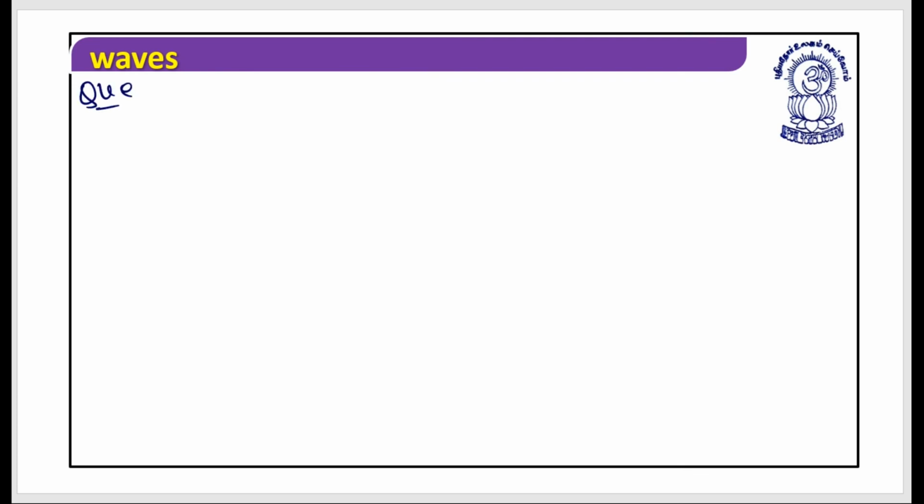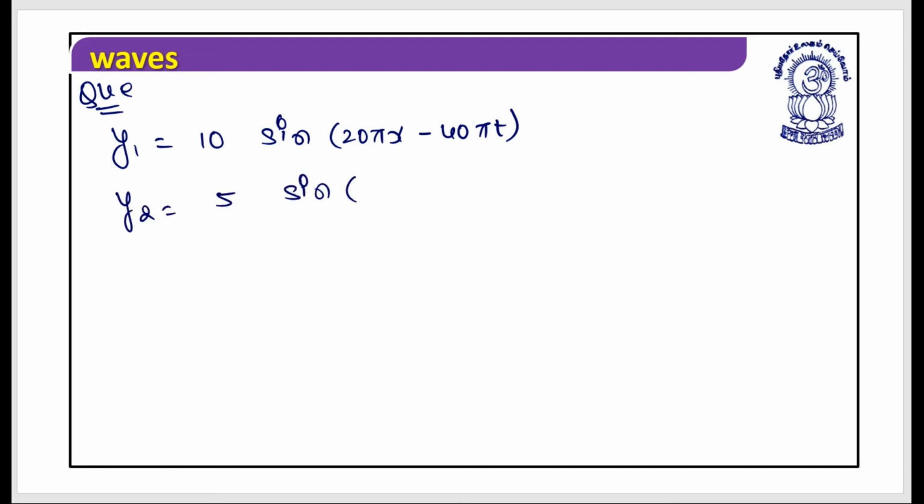Let's suppose the question says that y1 is given, which is equal to 10 sine of 20 pi x minus 40 pi t, and y2 is given, which is equal to 5 sine of 20 pi x minus 40 pi t.